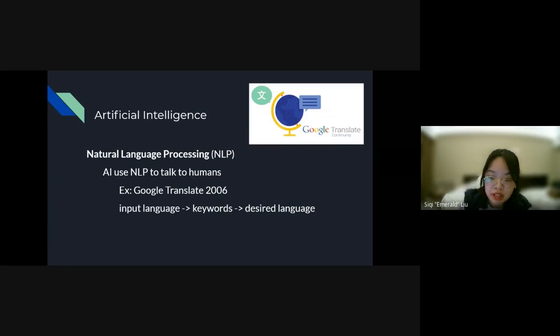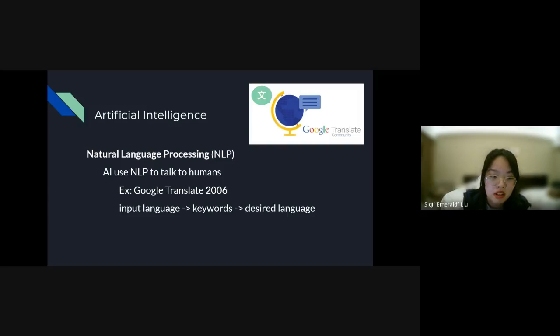And natural language processing is a branch of artificial intelligence that deals with the interaction between computers and humans using human languages. So basically, AI uses NLP to talk to humans.